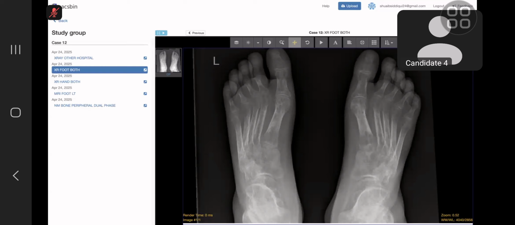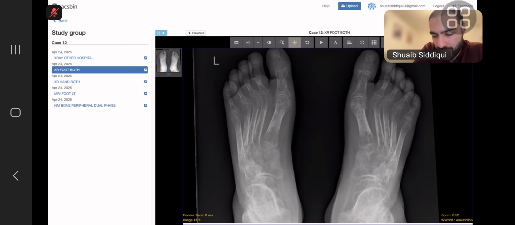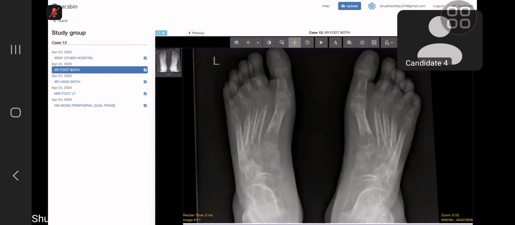So there is a possibility of rheumatoid arthritis because there is some bone deformity also. So one possibility is rheumatoid arthritis. I would like to know whether there is any elevation of rheumatoid factor in this case. What would you like to do next? I will call for the clinical history. Will ask for the rheumatoid factor. If it is not already done, I'll ask to order a rheumatoid screen.